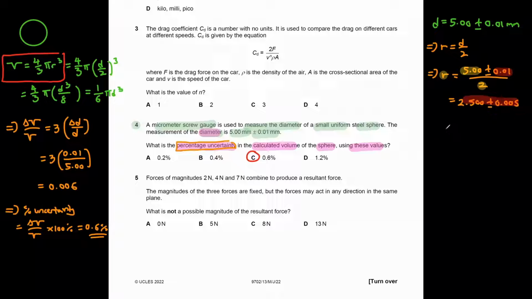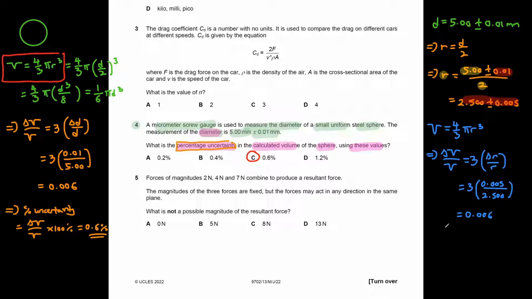So now if volume is 4 over 3 pi r cubed, the fractional uncertainty of the volume would be equal to 3 times the fractional uncertainty of the radius. If you put the values in now, you get 3 times 0.005 divided by 2.500, giving you 0.006. So you want to move on to find the percentage uncertainty now.